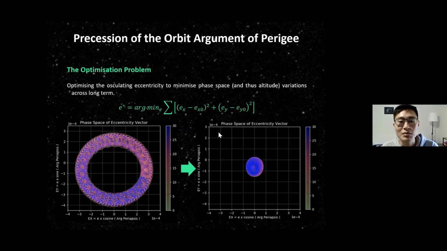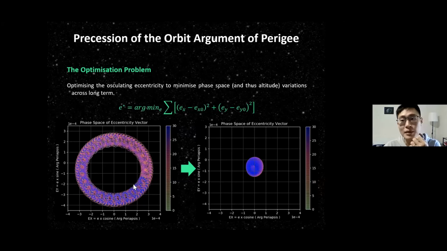And we've done some simulations on phase space variations in the eccentricity vector. Phase space variations are basically just the variations of the eccentricity vector.